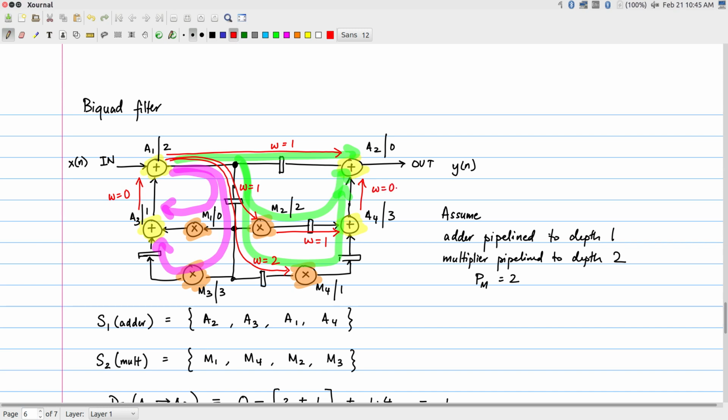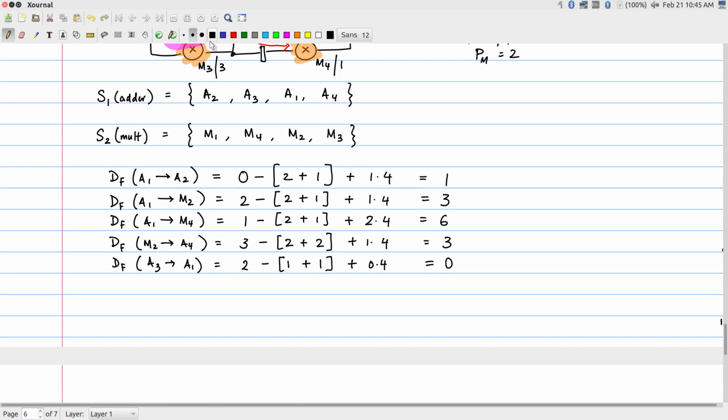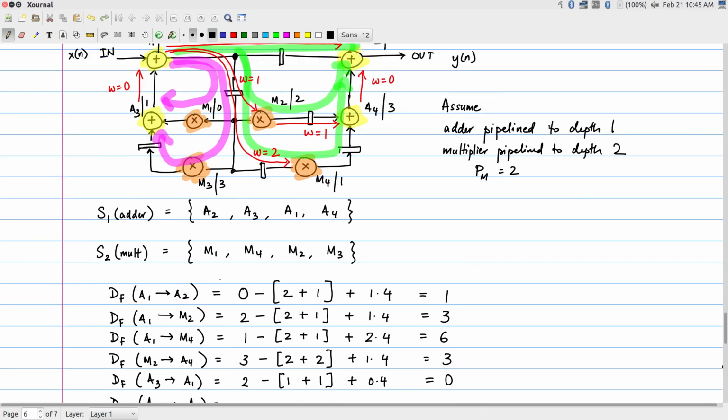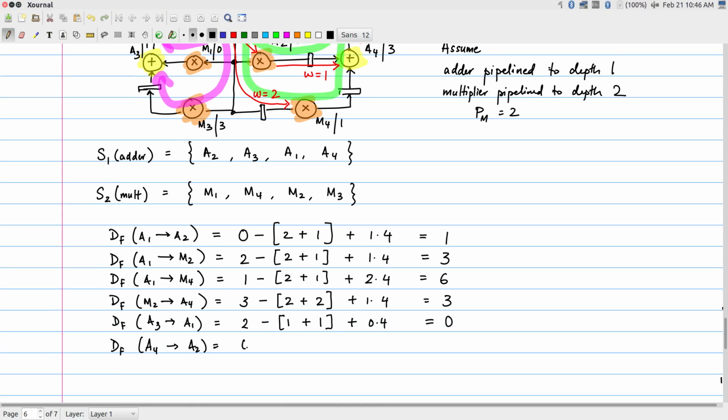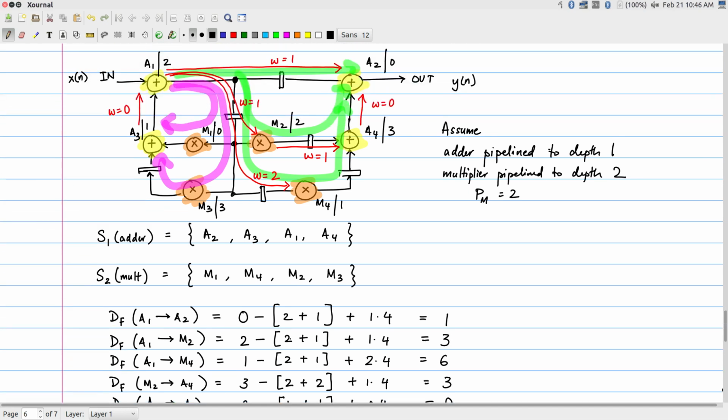This corresponds to W equal to 0, and the DF value on A4 to A2 is in this case 0 minus sorry, I think I have got these numbers a little bit wrong.